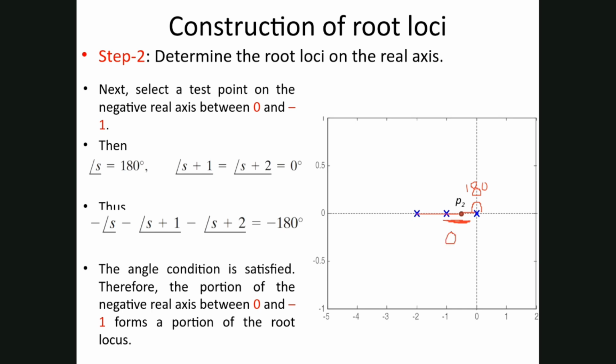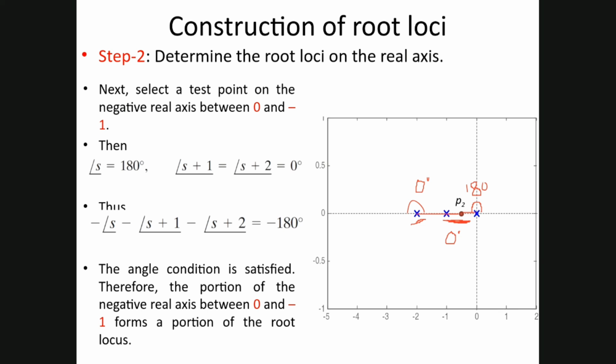It is 0 degrees. And the angle made by this pole at this point is again 0 degrees. So this pole makes an angle of 180 degrees to this point, and the other two poles make an angle of 0 degrees to this point. Now let's sum up all these three angles.